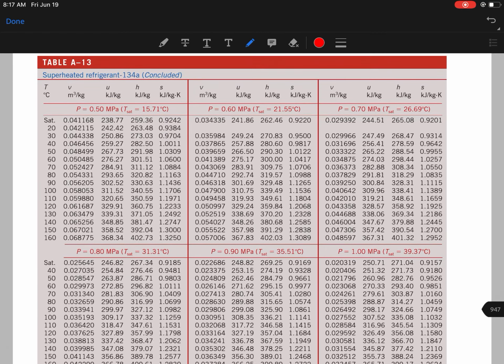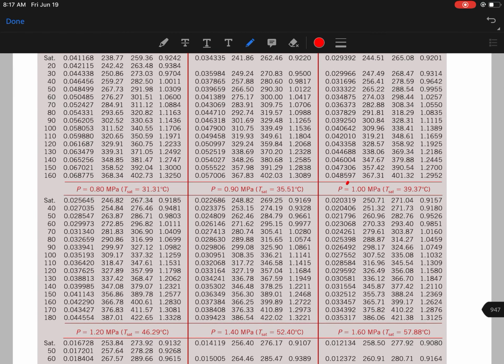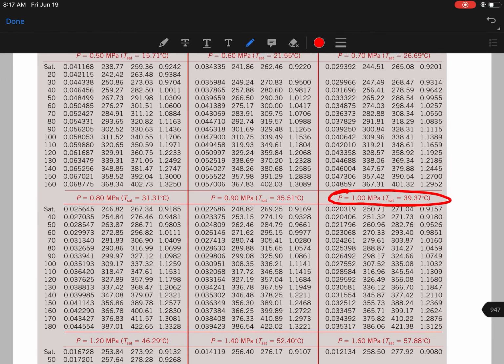We have the pressure 1 megapascal at exit, and the enthalpy equals 289.71. Basically, this enthalpy, 289, is in between these two, right?